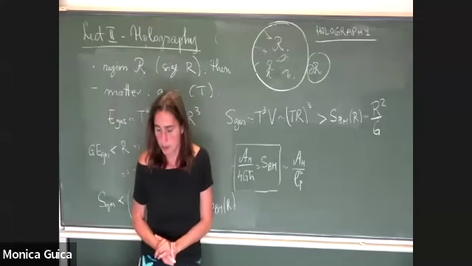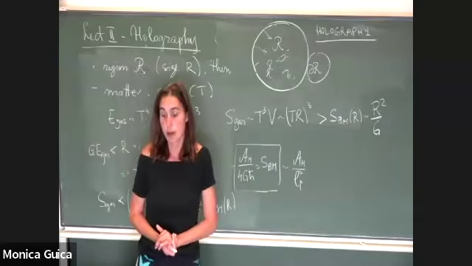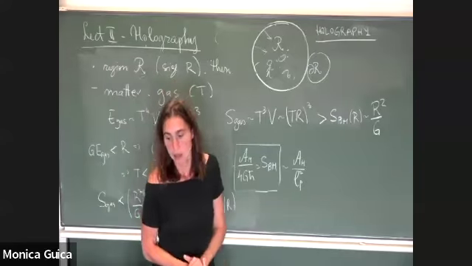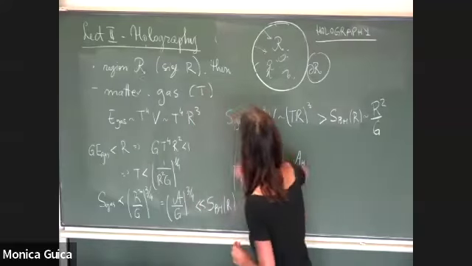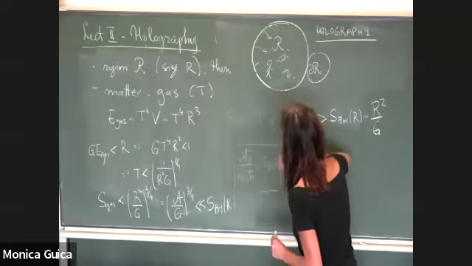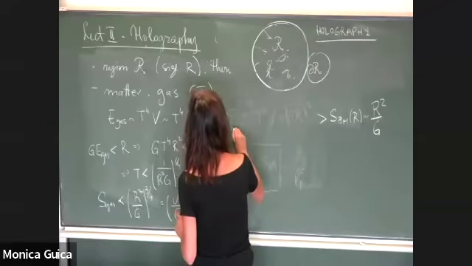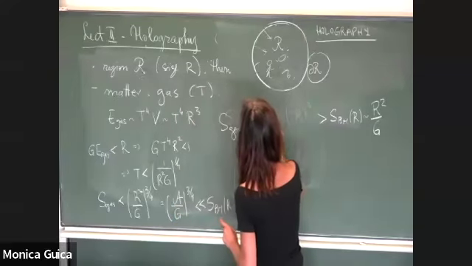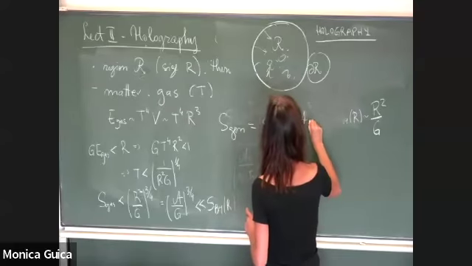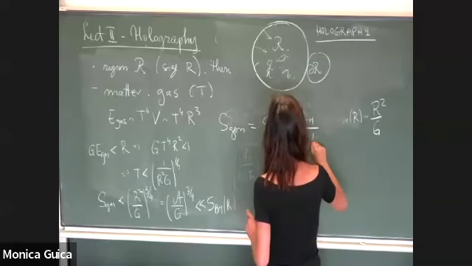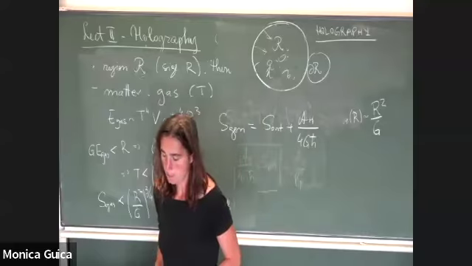So does the thermodynamical entropy become entanglement entropy for the case of a black hole somewhere? That's a very good question. I wrote this generalized entropy formula, which was S_out plus the area of the horizon over 4G, the Bekenstein-Hawking term.